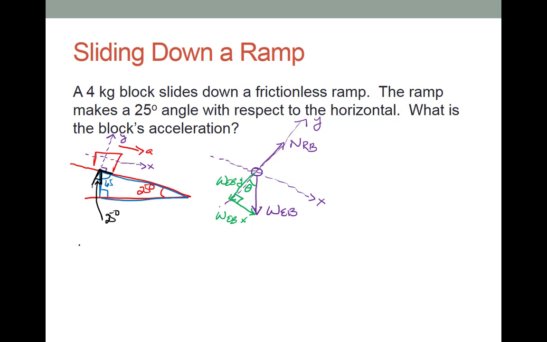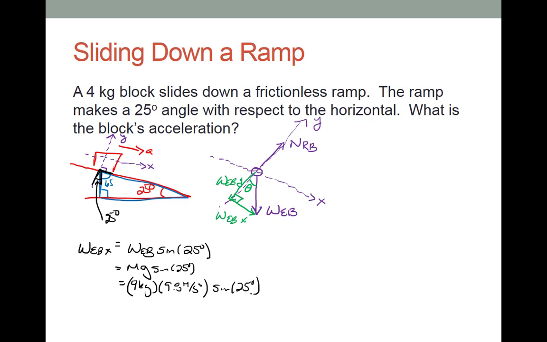With that definition, I can say W_EB,x is on the side opposite, so that will be W_EB sine of 25 degrees. And that equals, remember this is going to be mg sine 25 degrees, so that's where the 4 kilograms came from. So 4 kilograms times 9.8 meters per second squared times the sine of 25 degrees.